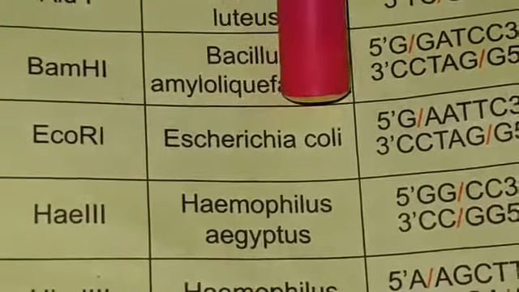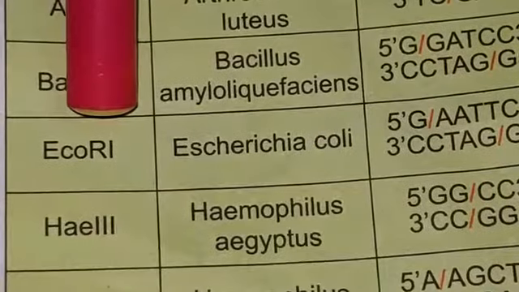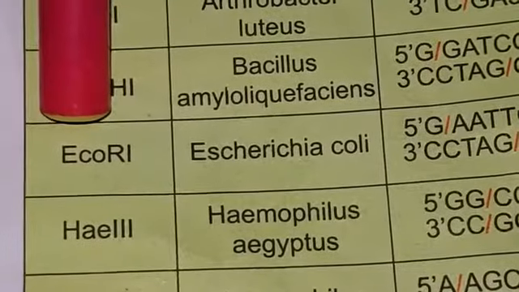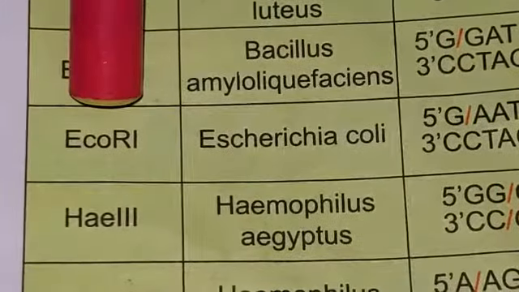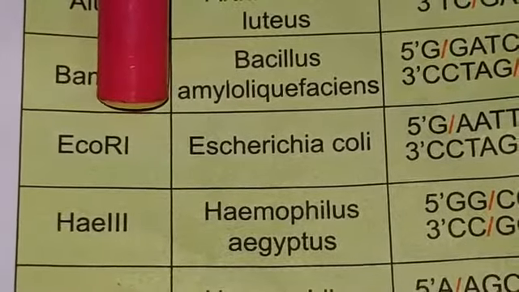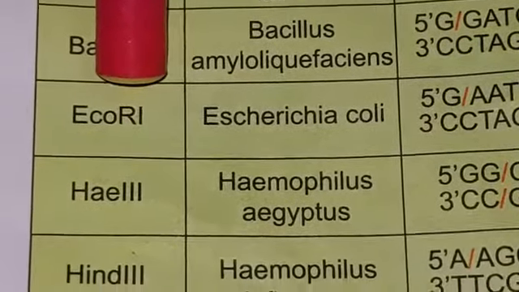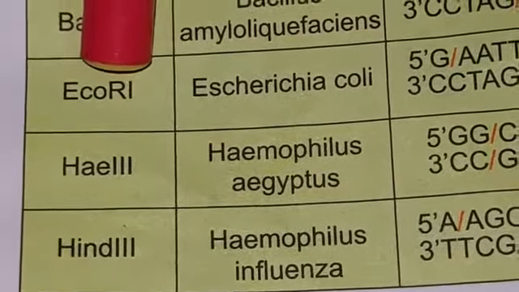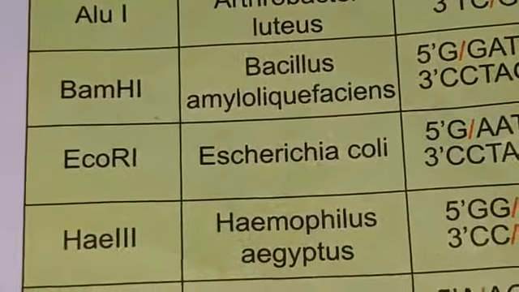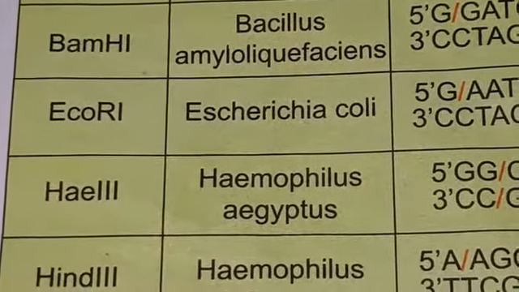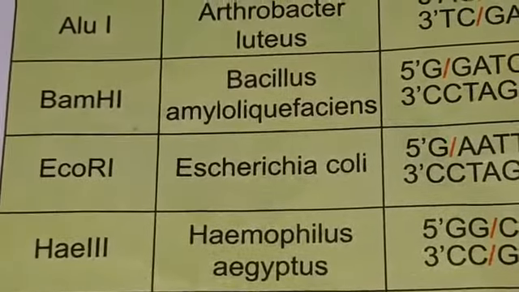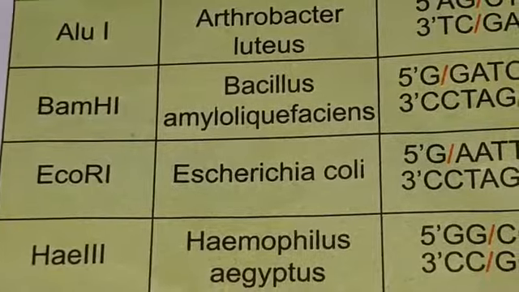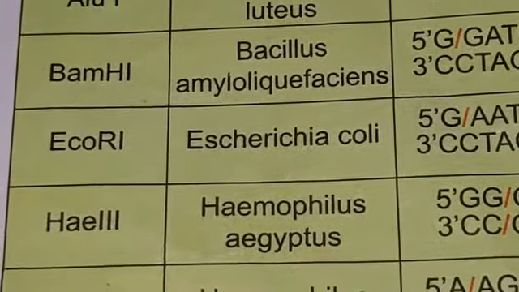The next two letters of the species name are co. The R, the strain RY13, and the Roman number 1 represent the order of discovery, that is 1. EcoRI represents the restriction enzyme from Escherichia coli bacteria, and it was the first endonuclease discovered.